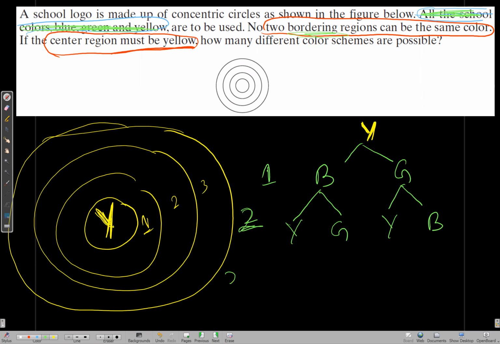And for region 3, if this is the case, then I have yellow. It must be the other two. So blue and green, yellow and blue. And here blue and green. And here yellow and green. Now this is the tree diagram.